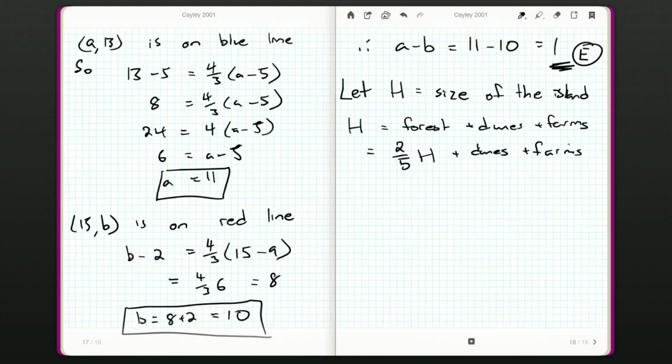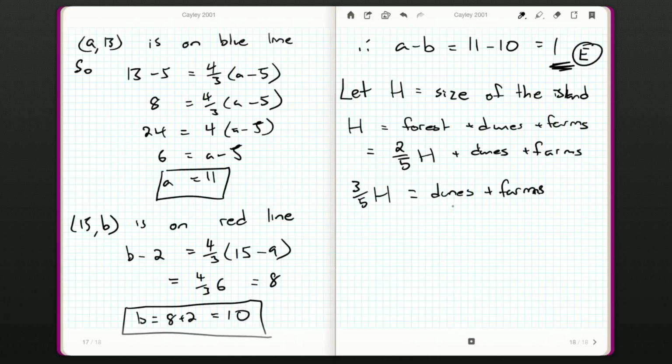If I just wanted the dunes and the farms together, I could bring the 2/5 h over to the other side. We'll get 3/5 h, because 1 minus 2/5 is 3/5. And that's the dunes and the farms.